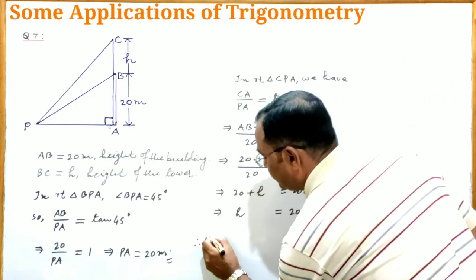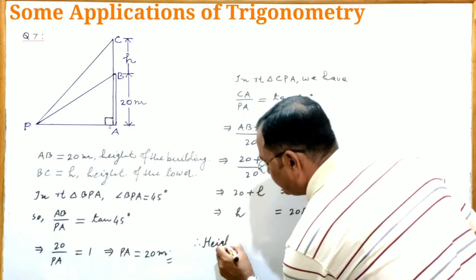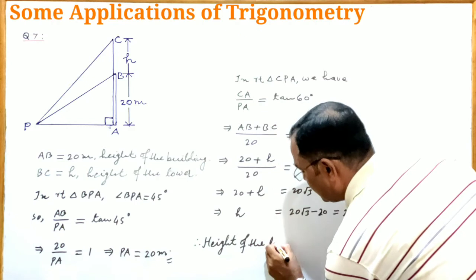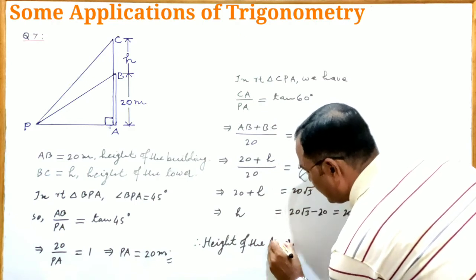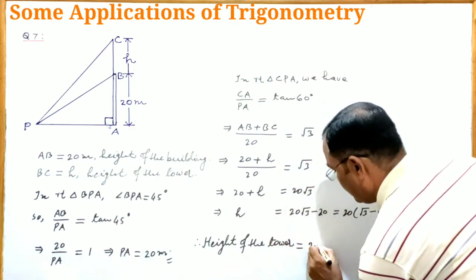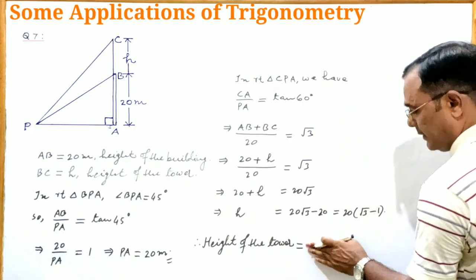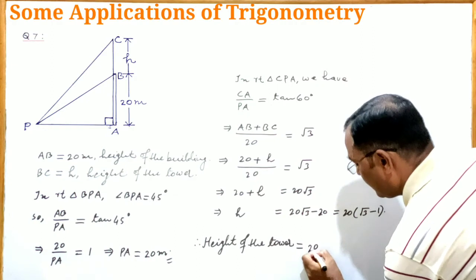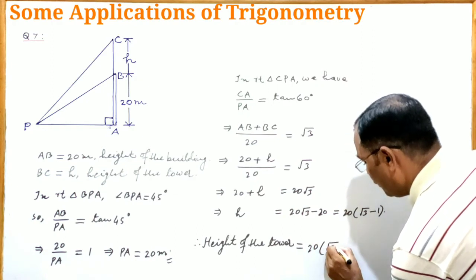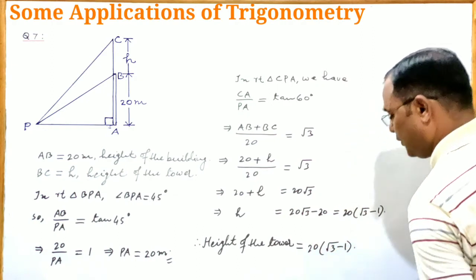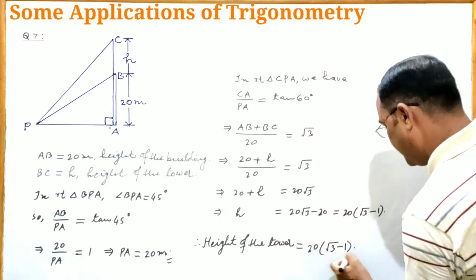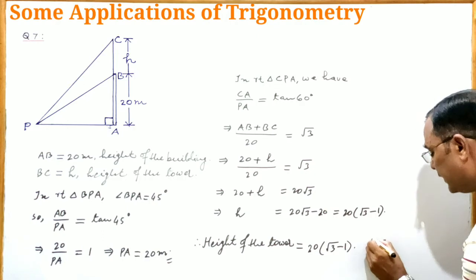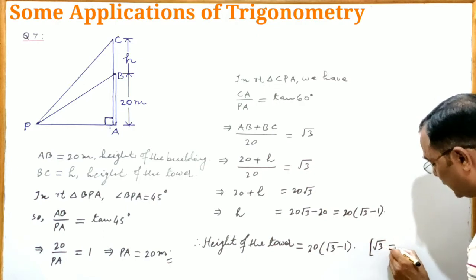Therefore, height of the transmission tower is equal to 20 into root 3 minus 1.